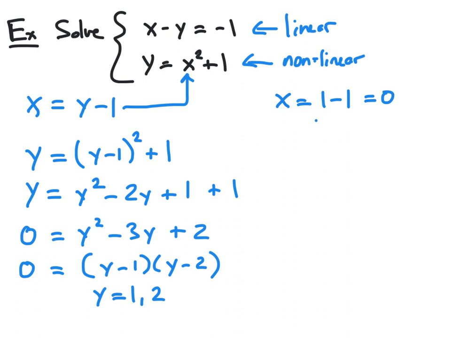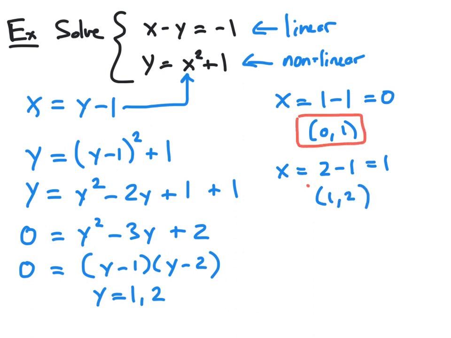And so we get the point (0, 1). And if y is equal to 2, we get x equals 2 minus 1, which is 1. And so we get the point (1, 2). And so here we see we have two solutions, (0, 1) and (1, 2). So this particular system has exactly two solutions.